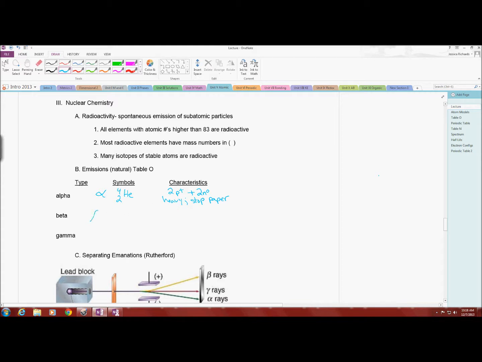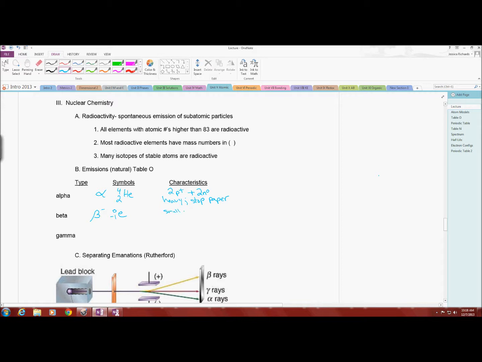Beta particles, however, so you have a beta symbol, and a lot of times you put a beta negative there, or something that is a high-speed electron, mass of 0, charge of -1. So he is a high-speed electron, and he is moving faster.